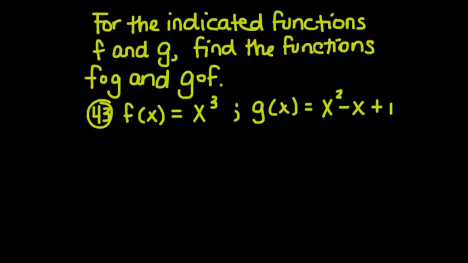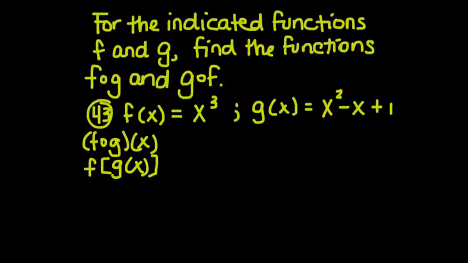To find these compositions, f composed with g, if I want to find f composed with g of x, that just involves taking f of g of x. Well, g of x is x squared minus x plus 1. So what I really want here is f of x squared minus x plus 1.